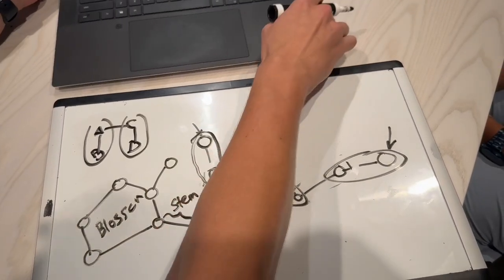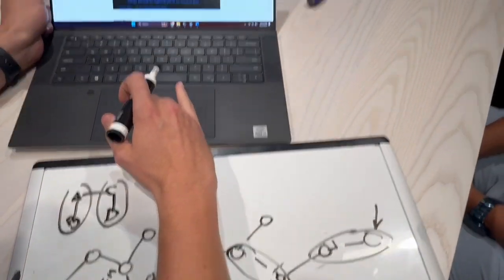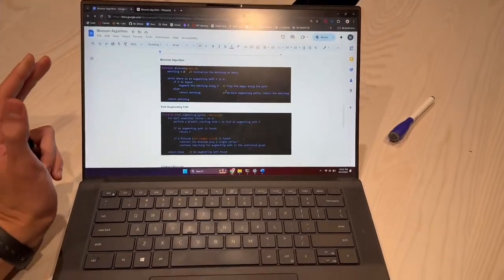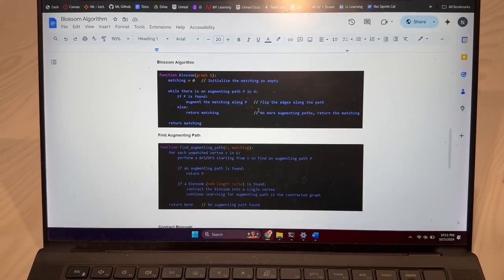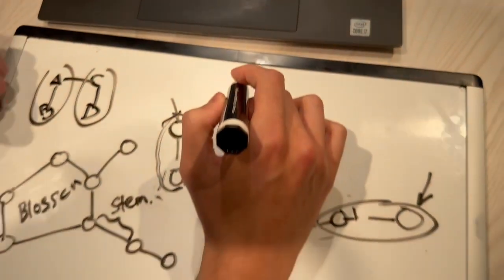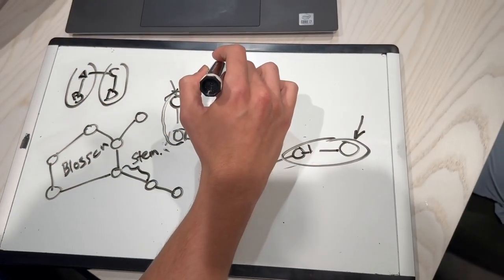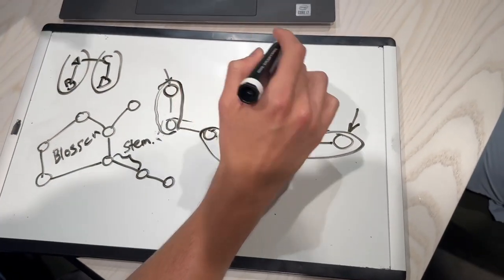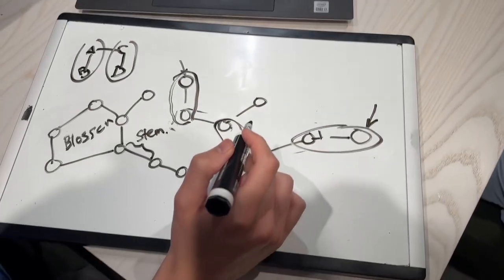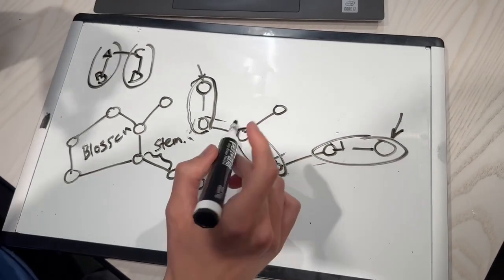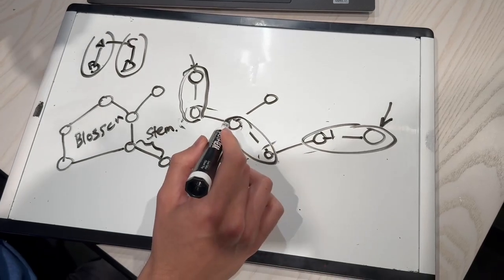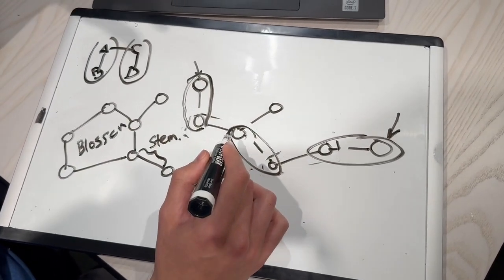So here we have some high-level pseudocode to explain this. So this is the high-level function. We'll start with the set of all the pairings initialized to the empty set. And while we look through this graph and we find an augmenting path, we then carry out this operation to augment that path and increase the number of matchings by 1.